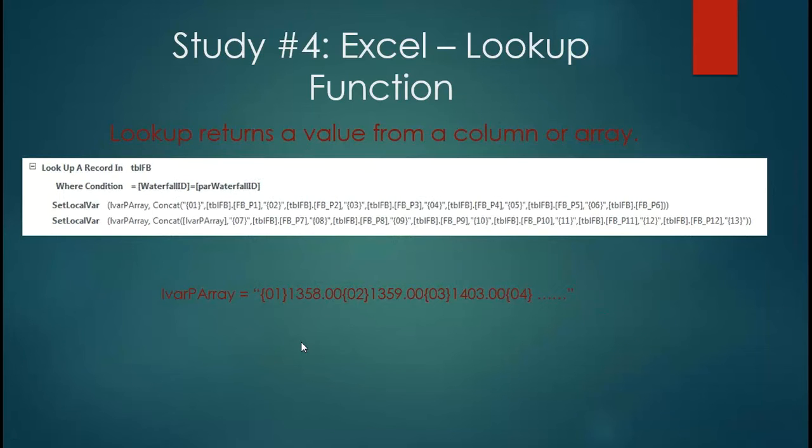So what to do when we need to do that? We were trying to avoid a whole slew of if-then statements, and in the table structure that we were forced into using, we couldn't even really have made it work with if-then statements. What you'll see that I did here, and this is where I was talking about how I had to split into two lines, I'm creating a local variable called P array, and I did the first part of it, picking out these sections right here, the table FB.FBP1.